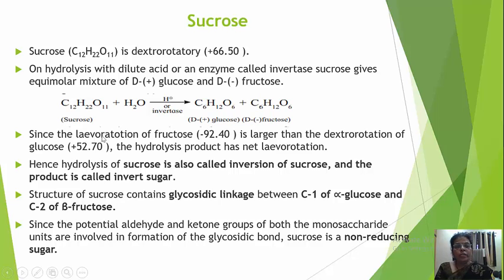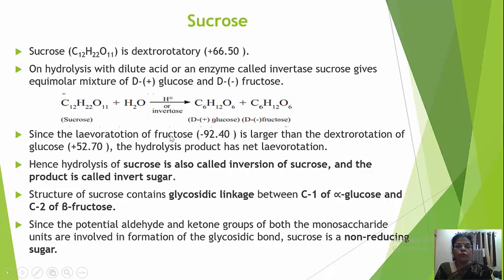Since the levo rotation of fructose is minus 92.4 degrees, which is larger than the dextro rotation of glucose, plus 52.7 degrees, the hydrolysis product has a net levo rotation.